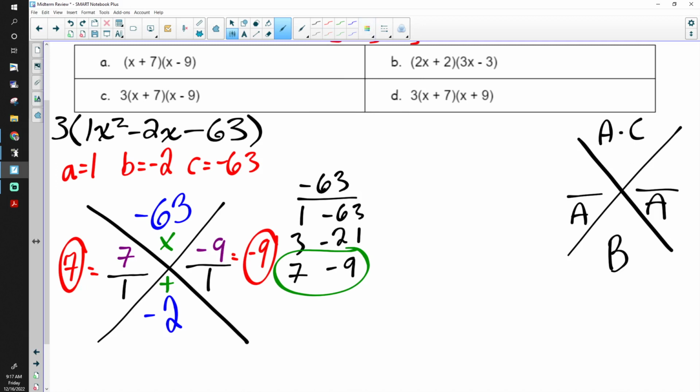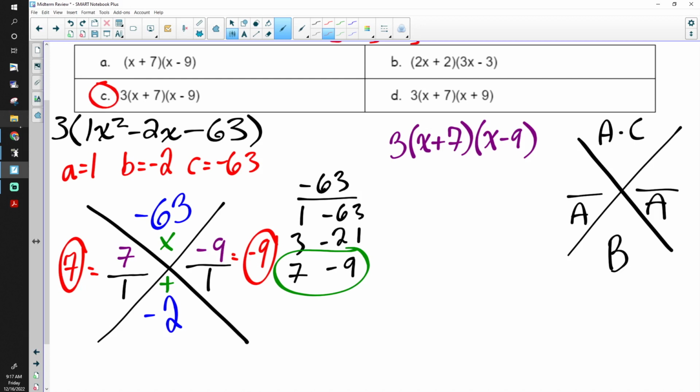We put our GCF out front, which was 3. Our first factor is a positive 7, so x plus 7. Our second factor is a negative 9, so x minus 9. Our answer is C.